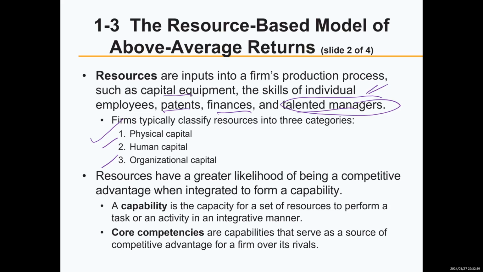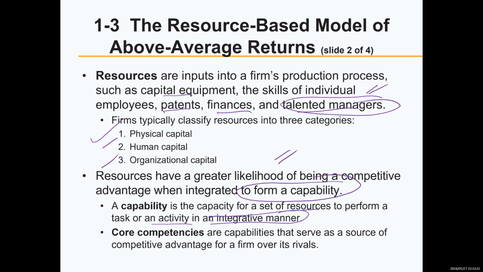So, resources have a greater likelihood of being a competitive advantage when integrated to form a capability, which means a set of resources to perform a task or activity in an integrative manner, which is a combination of resources. So thus, according to the resource-based model, a firm's resources and capabilities found in its internal environment are more critical to determining the appropriateness of strategic actions, right?